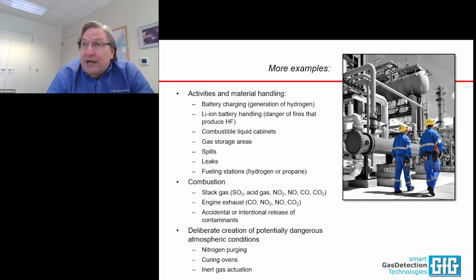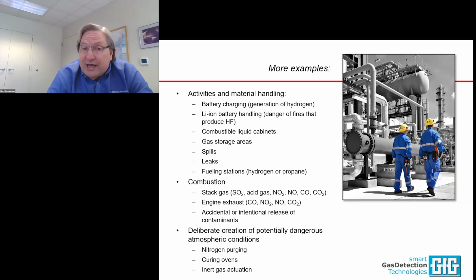Lithium ion battery handling. If you damage or have a short in a lithium ion battery, you can have the generation of very, very toxic HF gas and a lithium ion battery fire on your hands.